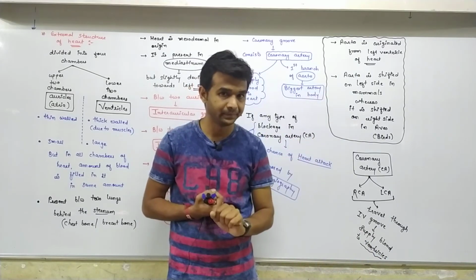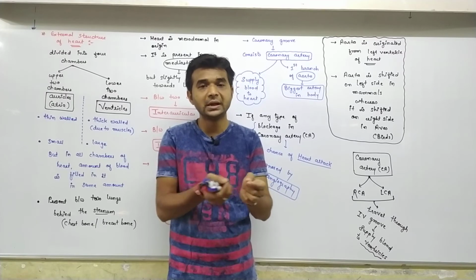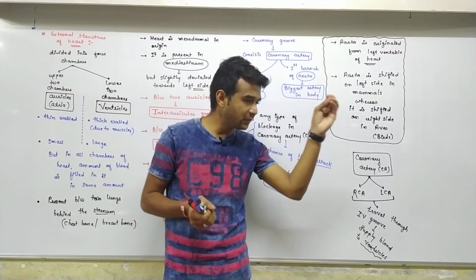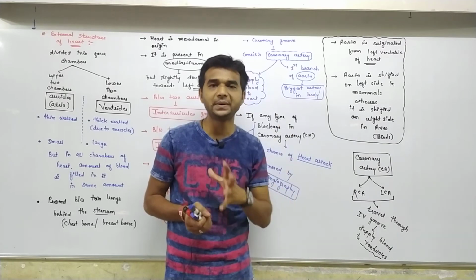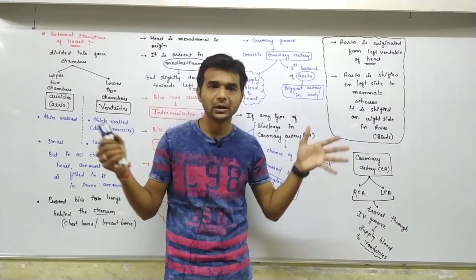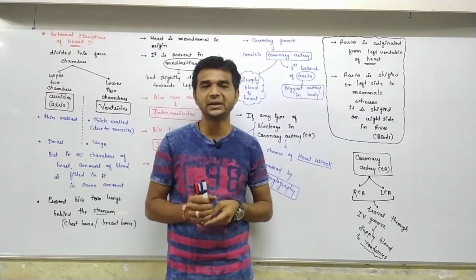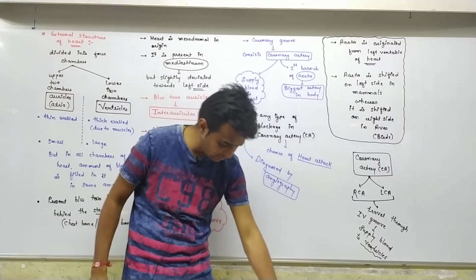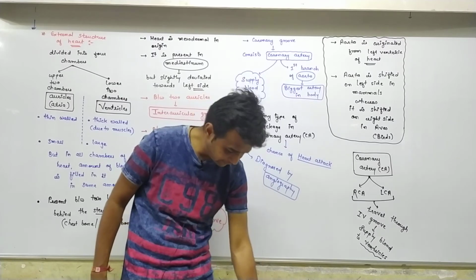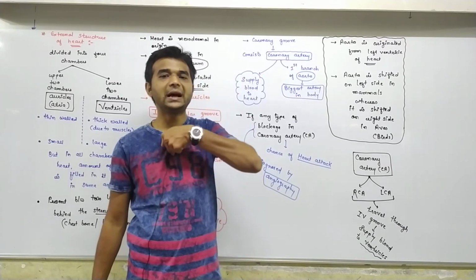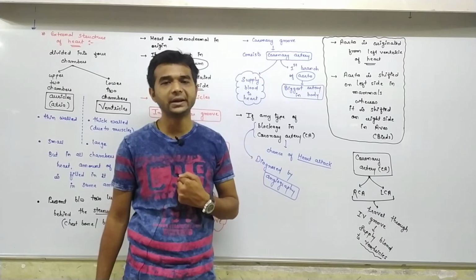The balloon is gradually introduced and reaches the coronary artery. Sometimes the radial artery is not easily obtained, a very fatty body is there, so it is very difficult to identify the radial artery. So introduce the balloon through the femoral artery, then dorsal aorta, then to the aorta, to the coronary artery.